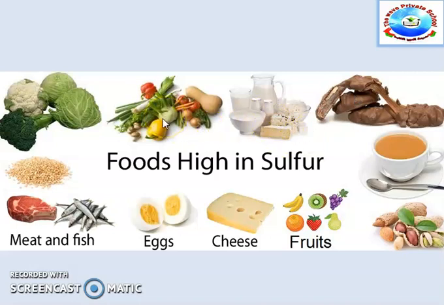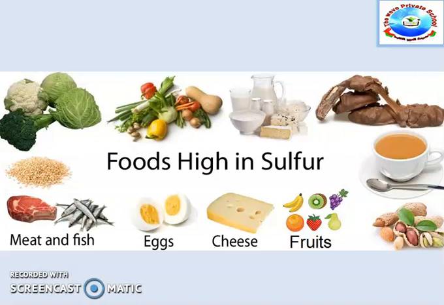In vegetables like cabbage, cauliflower, broccoli, and also in grains, in breads and all, there is the presence of sulfur. Now you got the point? See, in our day-to-day life, how much sulfur we have in our body. All these food items contain sulfur.